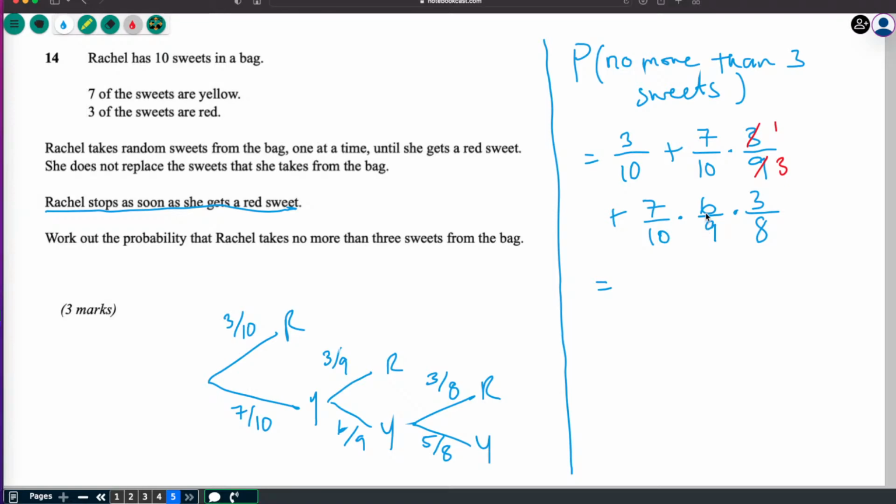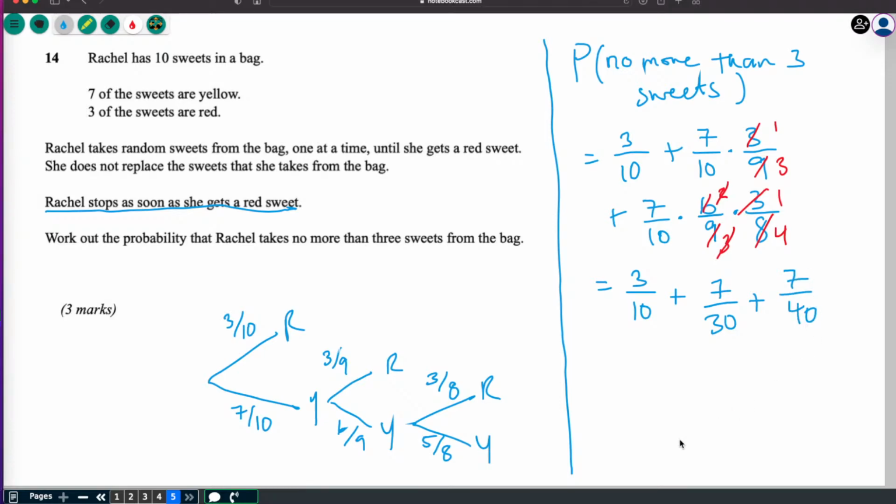Here, I could cancel the 6 over 9, that becomes 2 over 3. And then these 3's cancel out. And that 2 will cancel with the 2 and 8. So this becomes 7 over 10 multiplied by 1 over 4. That's much simpler than what it was before. Okay, so this becomes 3 over 10 plus 7 over 30 plus 7 over 40.